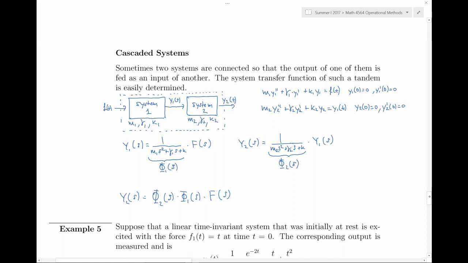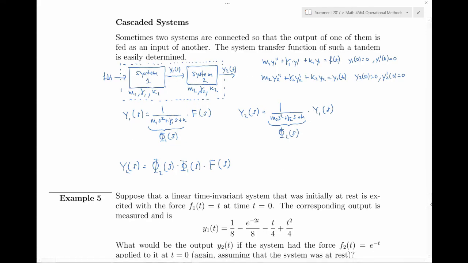You can imagine how such a framework can simplify engineering calculations, but for us it's going to stay a little theoretical exercise.